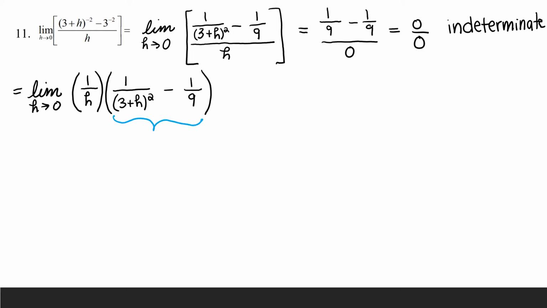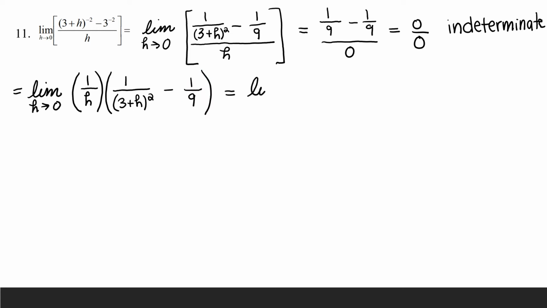And in order to do that, I need to figure out what is missing. So there's actually no common factors between these denominators. So that means that I need to multiply this expression by 9 over 9, and this expression by the quantity of 3 plus h squared over the quantity of 3 plus h squared.